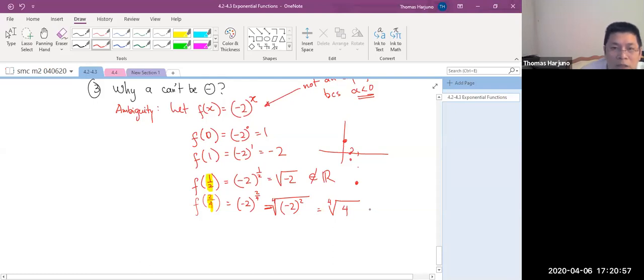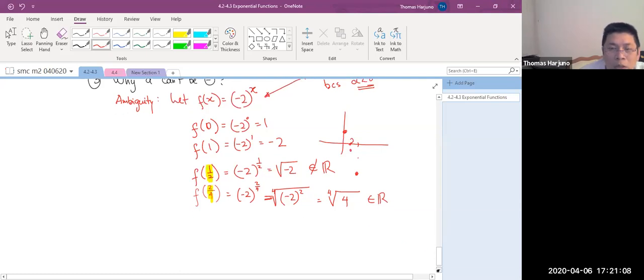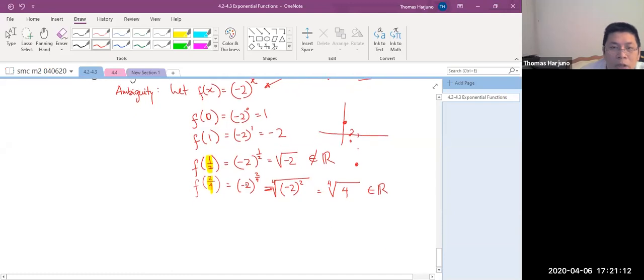Now, this is not a rational number, but it is still a real number. So what's wrong with this? What's inconsistent here? Notice that 1/2 equals 2/4, yet when I plug into the function, they're supposed to be the same.